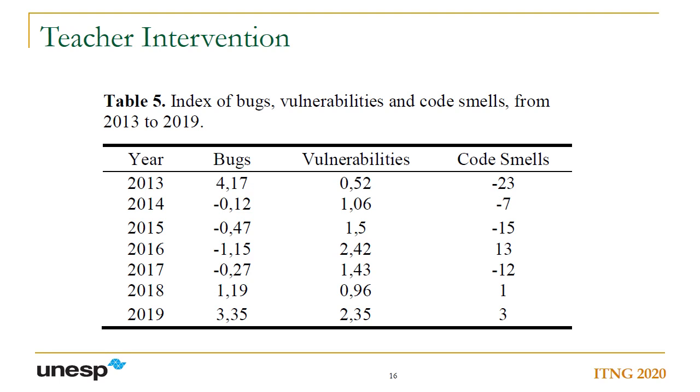It's notable that the years 2018 and 2019 are the only ones with all positive indexes, and that 2019 has the second highest index of bugs and vulnerabilities, presenting a better performance compared to other years.